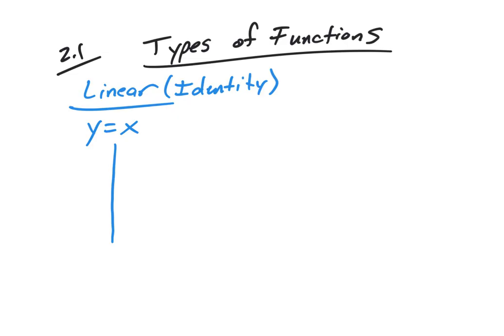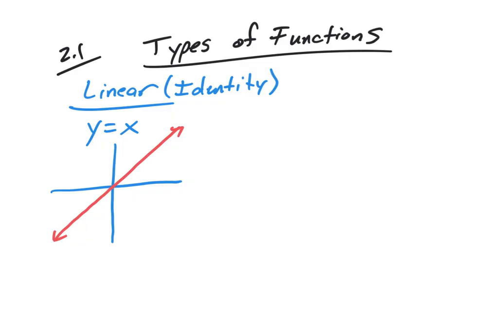If I look at the basic sketch of this, it's just going to be a line. Linear function makes a line. It's going to go through the origin, 0, 0, and it's just going to continue on.